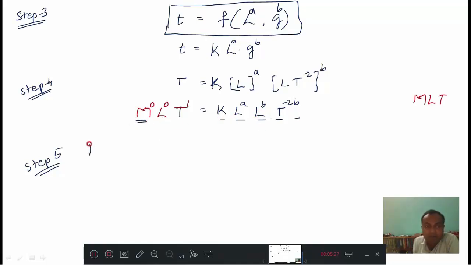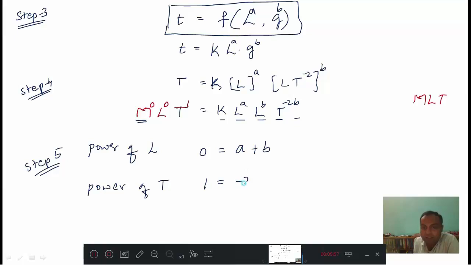Then I will come to the power of L. Power of L, LHS side 0 is there, and power of L here is a and another one plus b, so a plus b is the power of L. Right? Now I will come to the power of T. Power of T here in the LHS side 1 is there, and in the RHS side T is minus 2b.